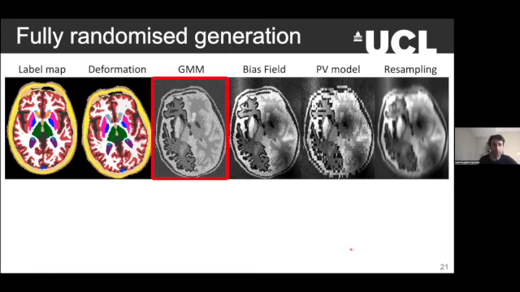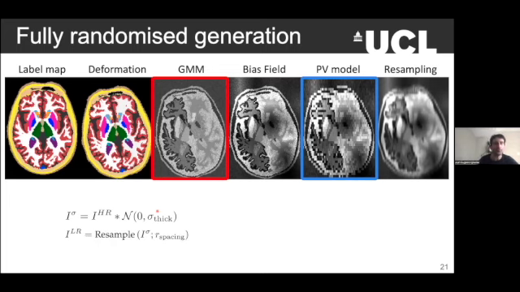So we randomize the Gaussian mixture parameters, but we also randomize the resolution of the acquisition. Now we are simulating a slice thickness, which happens through Gaussian smoothing, with a kernel with a standard deviation that is random, and then we resample with a spacing that is also random.